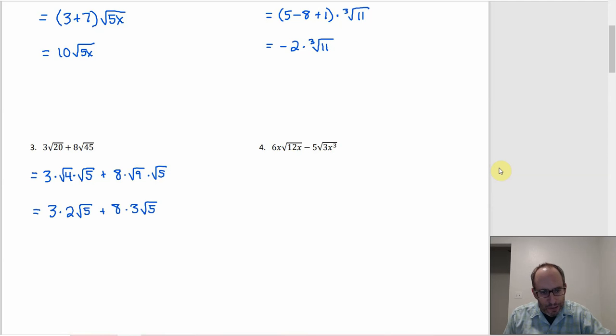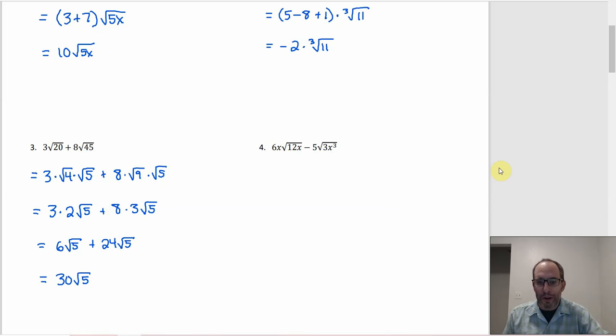And then 3 times 2 is 6, so 6 radical 5 for that first term. And then the second term, 8 times 3 is 24, so 24 radical 5. And then same roots, right? They're square roots, and more specifically, square root of 5. So we can add the 6 and the 24 and say that that's 30 radical 5. And that's the answer.